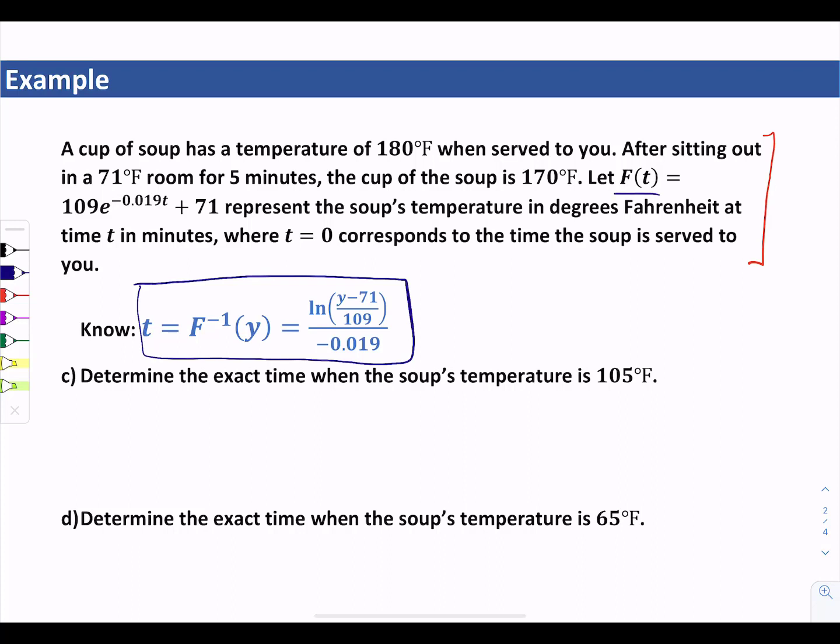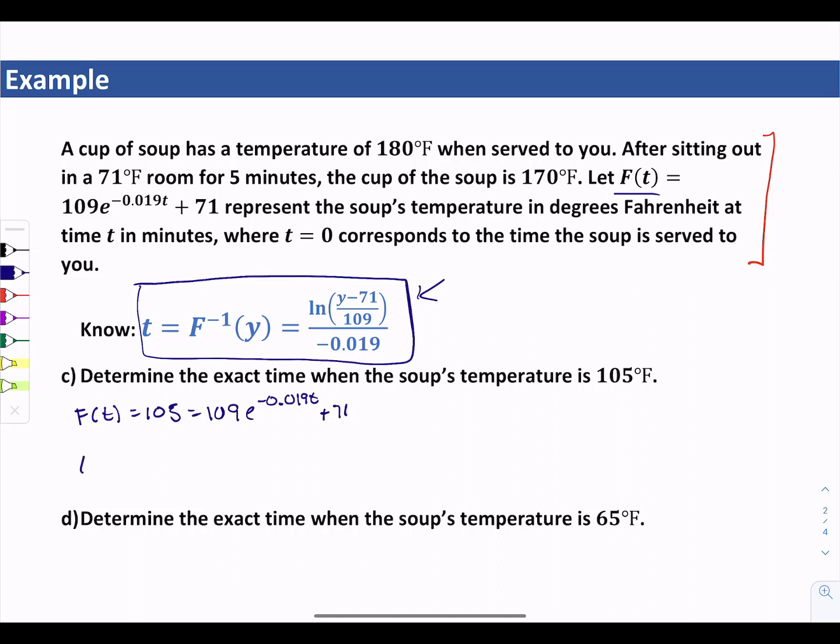You could take the original function and set it equal to 105 and solve that. But that would actually require a lot of steps. You'd again have to solve for t, right? Subtract 71, divide by 109, etc. We already did all that when we found the inverse.